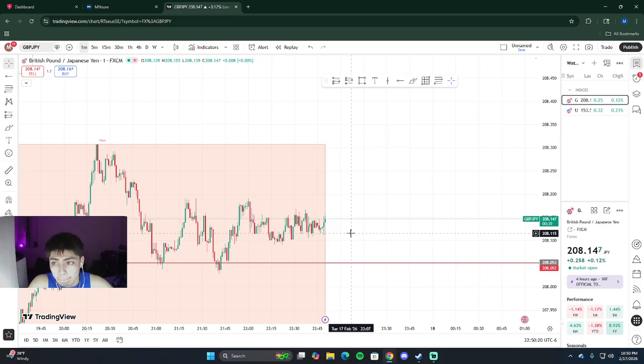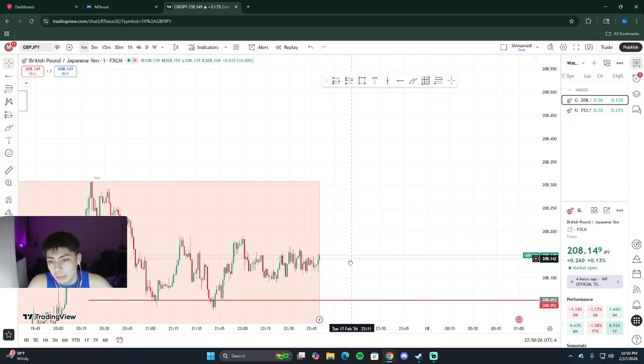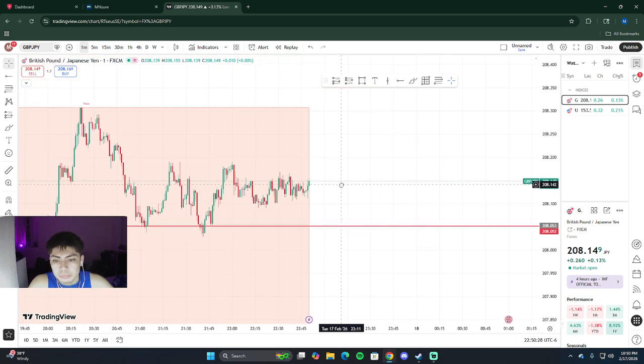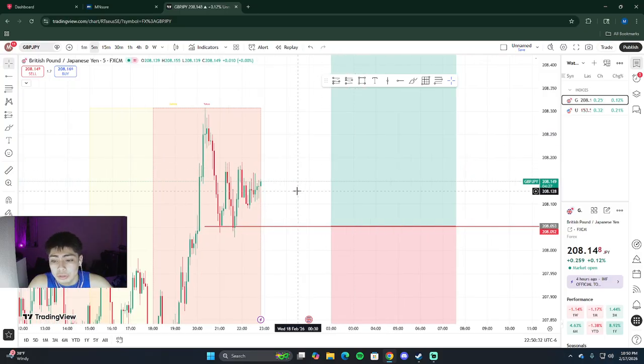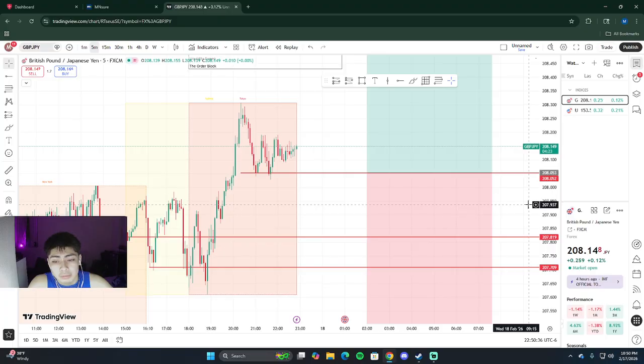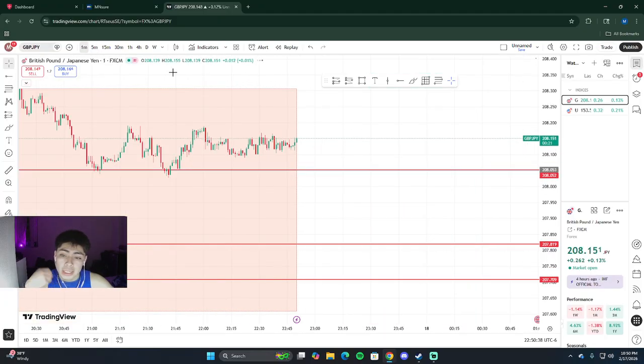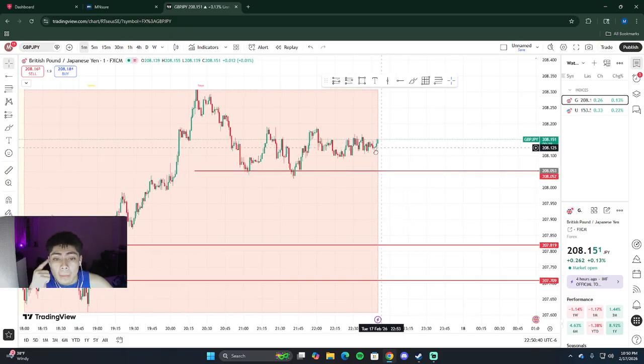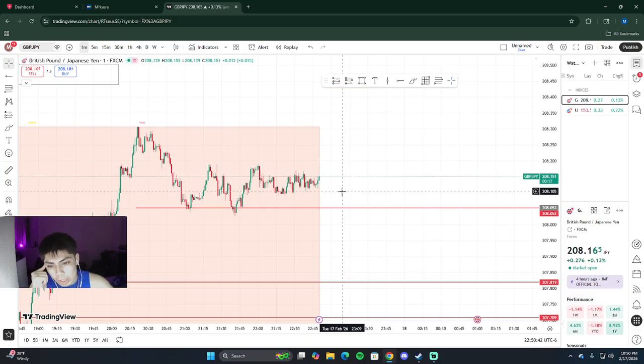Boom, boom, boom, boom, boom. What the heck? I don't know if I should start making my trades on the 1 minute or I should stay at the 5 minute. I've been staying at the 5 minute for a while. Look at this though. Liquidity sweep. Sky.